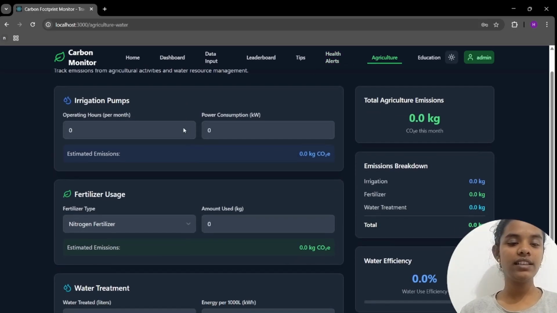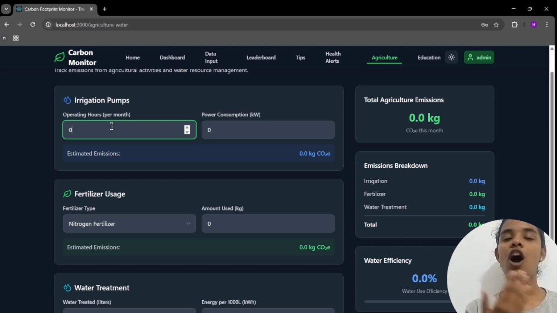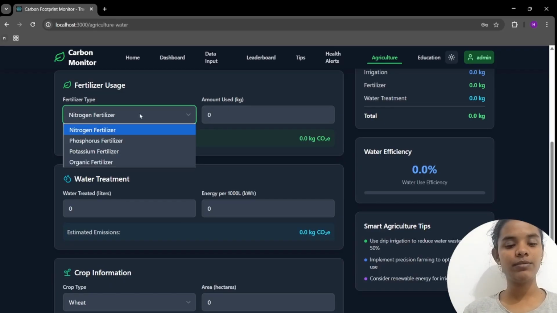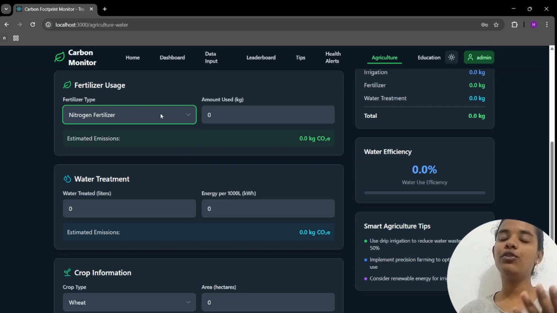Then we have the agriculture section. In the agriculture section, we have to input data such as the irrigation pump, how much per month we are using it, and what power consumption the pump has. Then we have fertilizers. There are many types of fertilizers like phosphorus, potassium, organic, inorganic, so we have to add that. We have to add the kgs of fertilizer used.